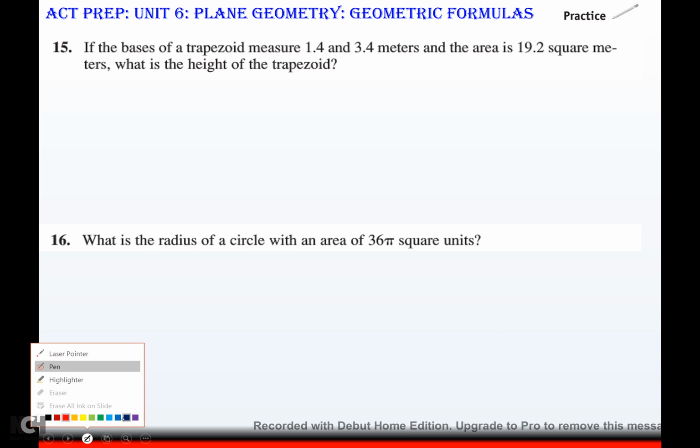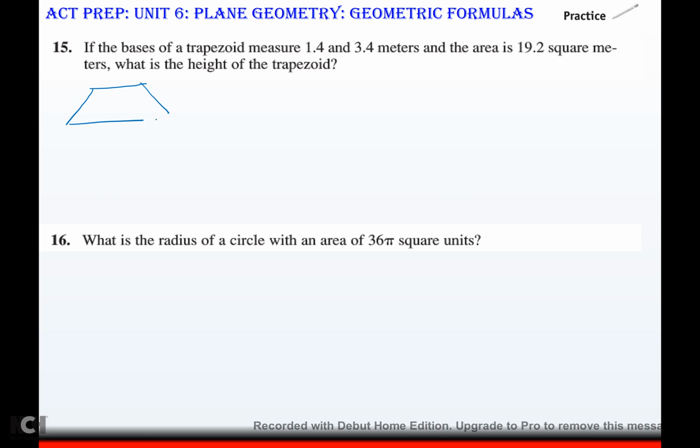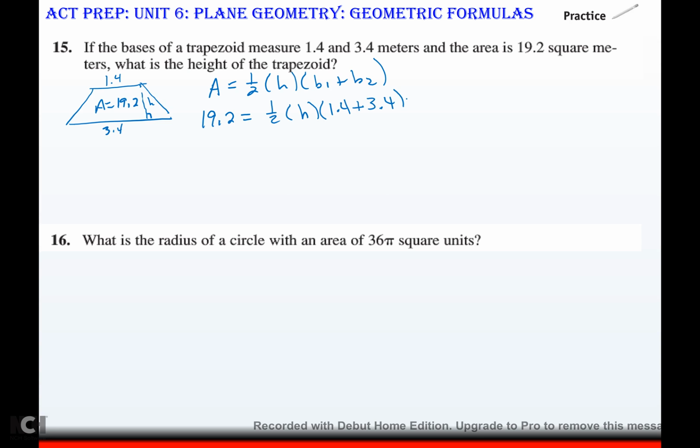15. 15 says, if the bases of a trapezoid, draw a quick trapezoid here, measure 1.4 and 3.4, and the area is 19.2, they want me to figure out the height. Well, area of a trapezoid is 1/2 times the height times the sum of the bases. Well, they give me the area is 19.2, and that equals 1/2 times my height, which I don't know, times the sum of the bases, which is 1.4 plus 3.4.